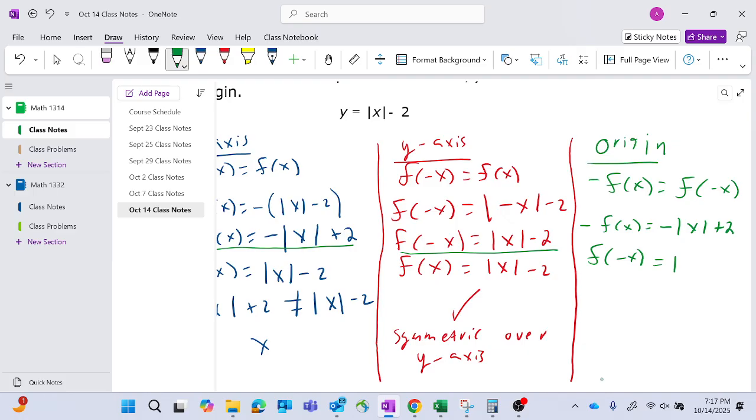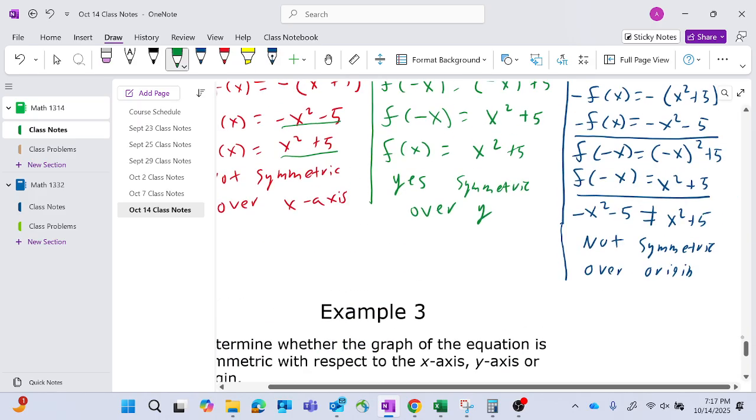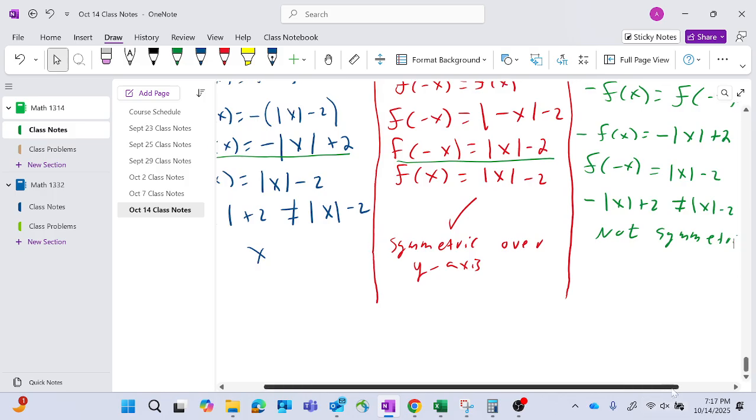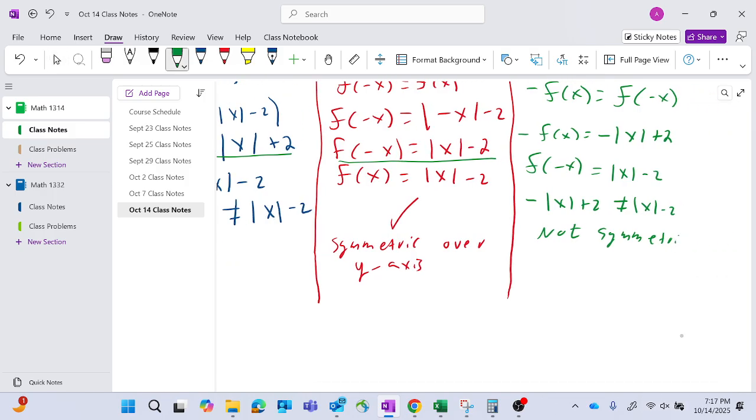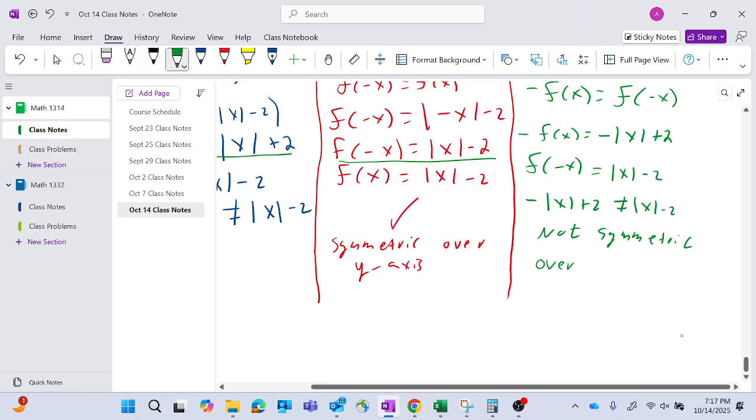That's the absolute value of x minus 2. And negative times the absolute value of x plus 2 is not the same thing as the absolute value of x minus 2. Not symmetric over the origin.